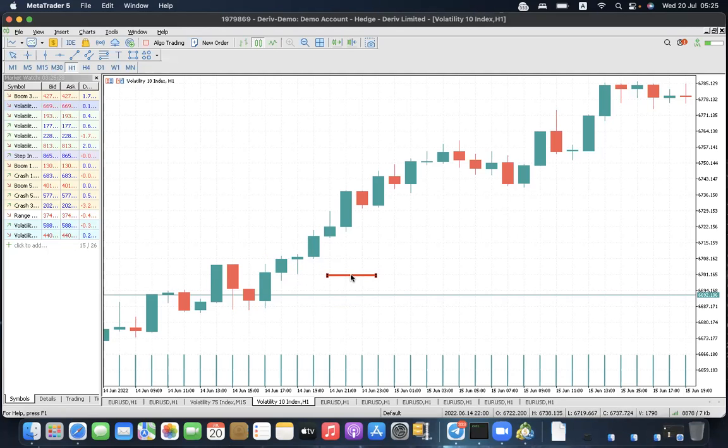But as you can see here, if you take this as your first candlestick, it was not covered here. This one didn't come and cover this zone area enough. So that leaves us with a gap.